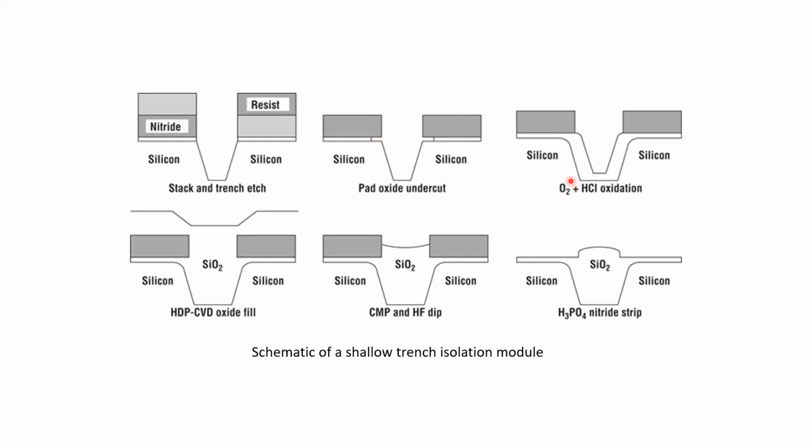Then we use oxidation again to form a liner. Then we use HDP CVD to grow oxide to fill the trench. Then we planarize using CMP and an HF dip, and remove the silicon nitride. Then we have this shallow trench isolation.